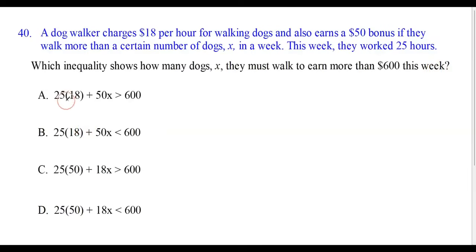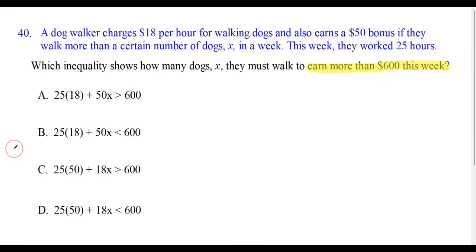For a problem like this, I am going to use my answer choices and eliminate ones that don't make sense. So let's look at this final sentence here. There's a really helpful thing right here. He has to earn more than $600.